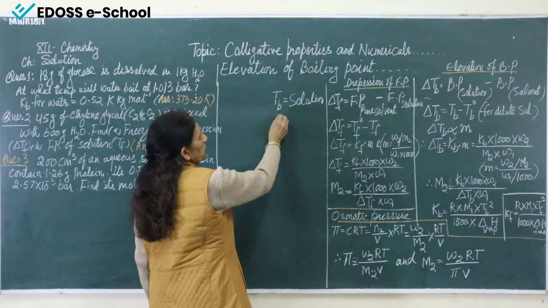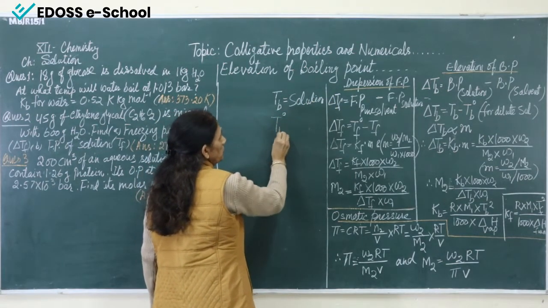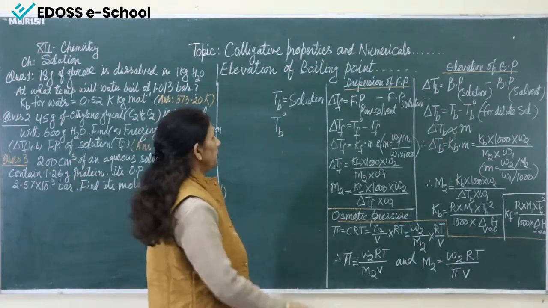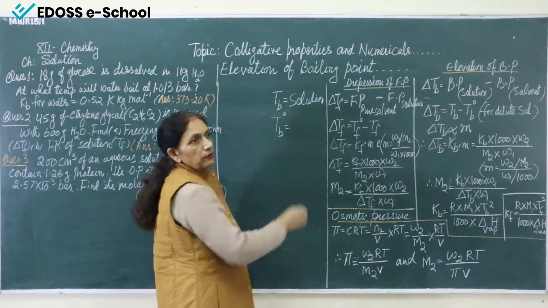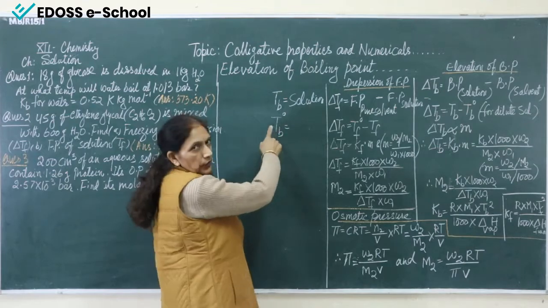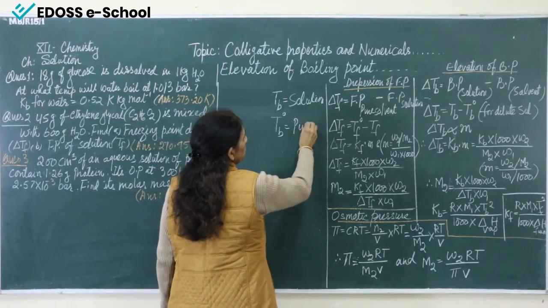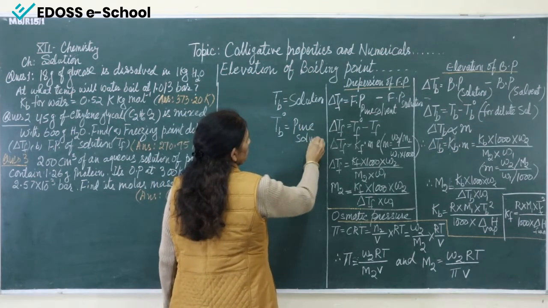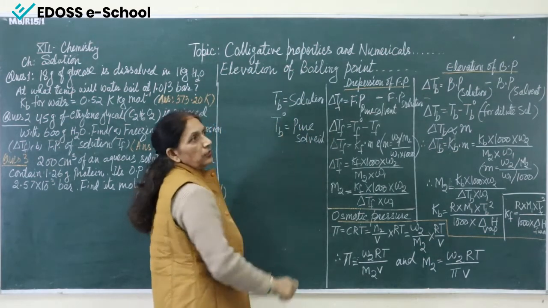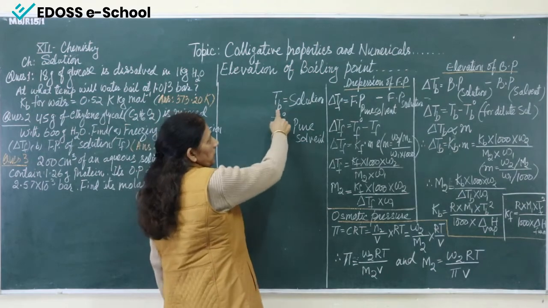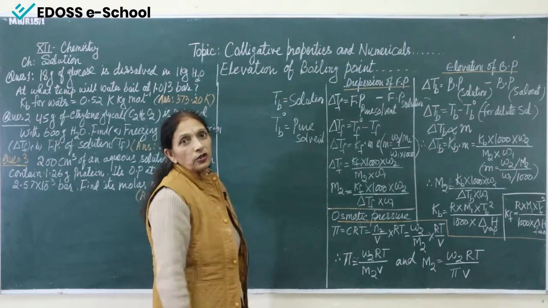And if we put a small naught on the top of it, it will still be a boiling point, but now it is of the pure solvent. So this is the difference between Tb and T naught b.